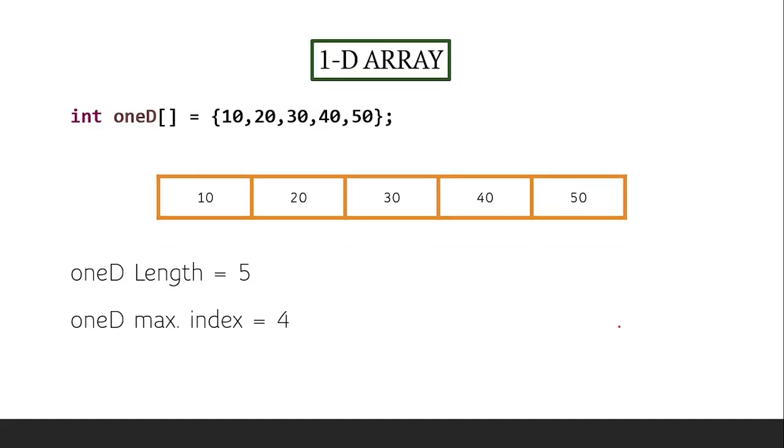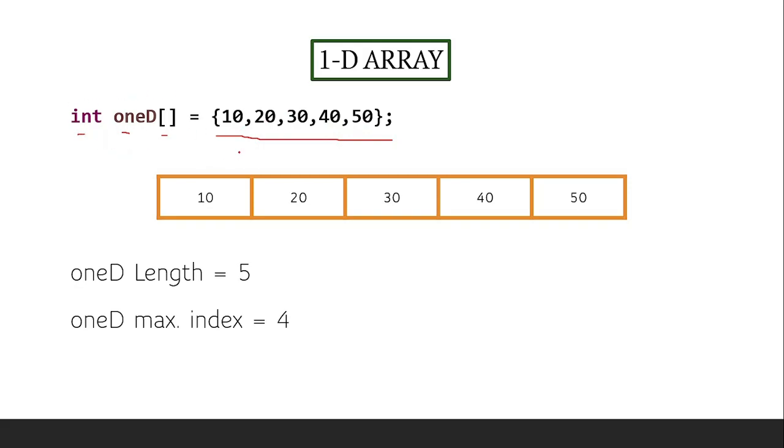So, declaration ng 1D array, let's remember the data type, the identifier, one column, and then the set of elements. So, sa declaration natin na to, meron tayong 10, 20, 30, 40, 50 numerical value or integer value.